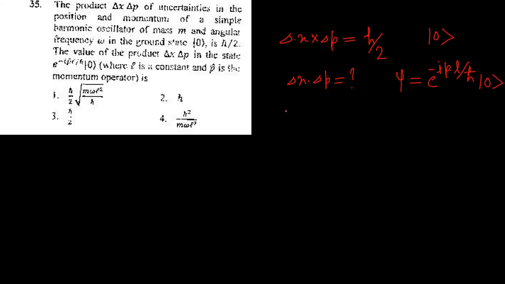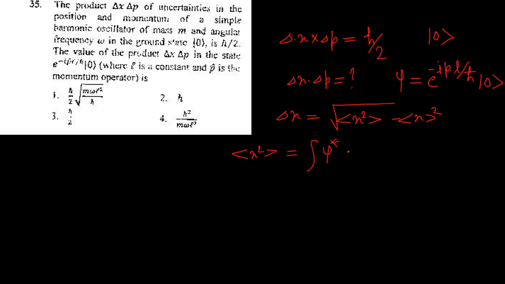Okay, now what is delta x? Uncertainty in x. So we can write it as under root x square minus x whole square. And what is x square? Expectation value of x square minus expectation value of x whole square. So how will we find the expectation value of x square?